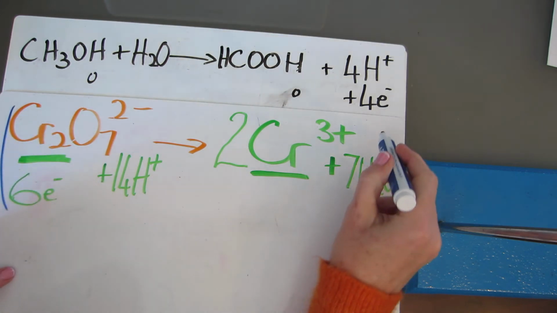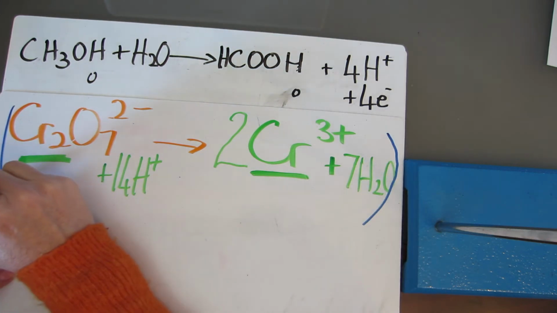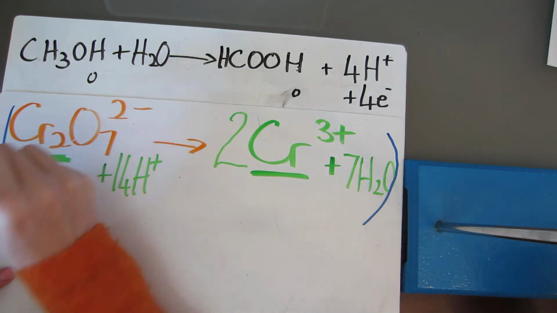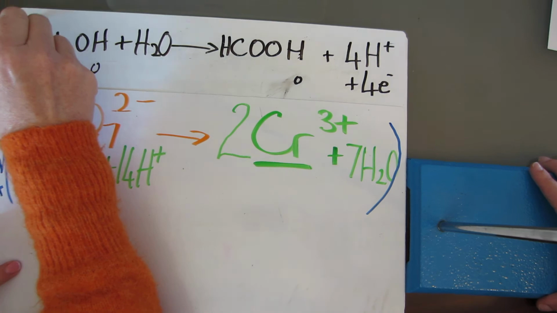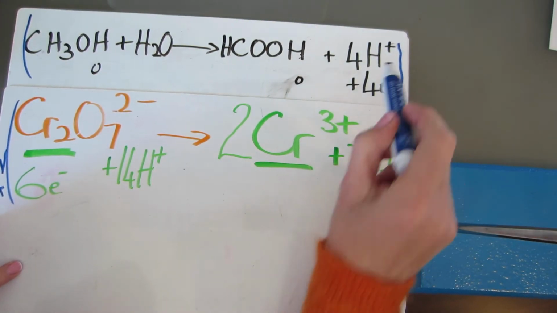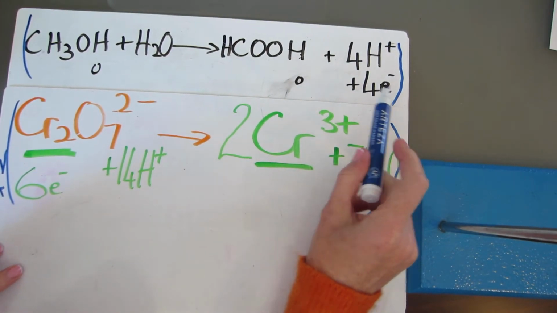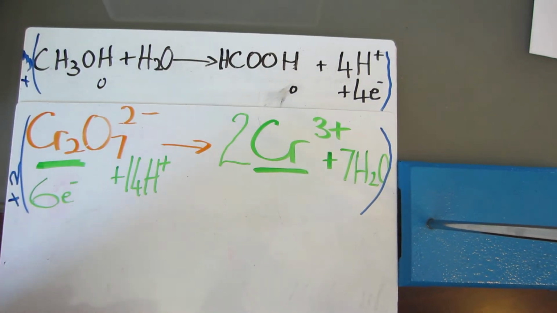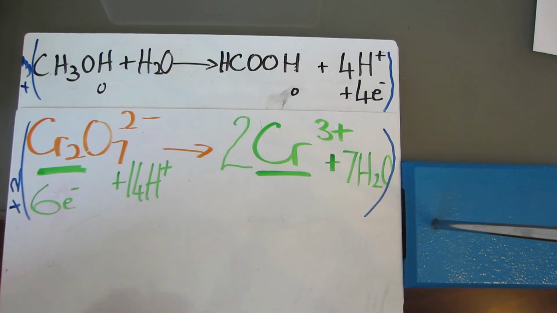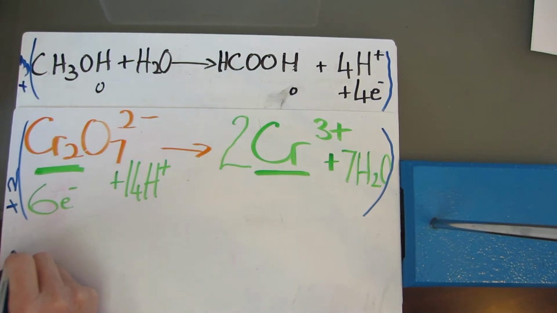I'm going to multiply all of this by 2, so 6 times 2 is 12, and this half equation is going to be multiplied by 3, so 4 times 3. So let's write that down first. So what have we got here? 2 of everything in this half equation.